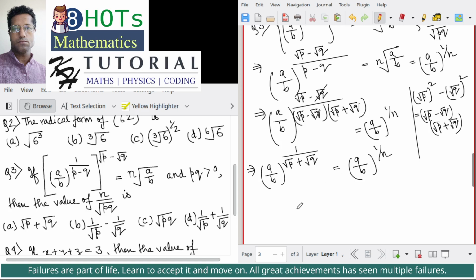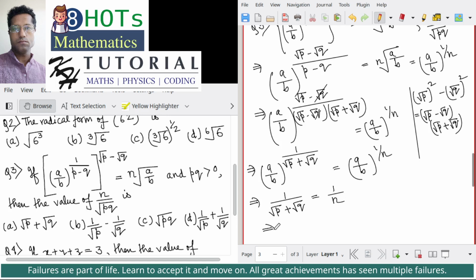Now we see in this equation both the bases are the same, a by b, so we can equate the powers and we get 1 by square root of p plus square root of q is equal to 1 by n.